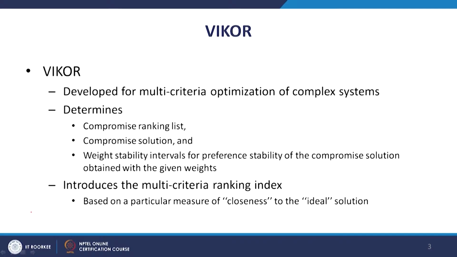This is more like a sensitivity analysis of the solution with respect to weights. If you make certain delta changes to your criteria weights, how the compromise ranking list or the compromise solution is going to change can be easily determined in VIKOR.